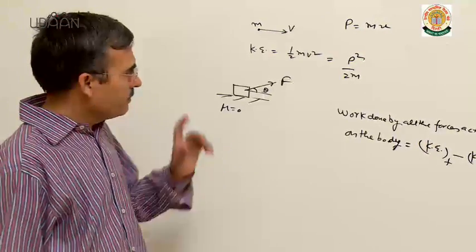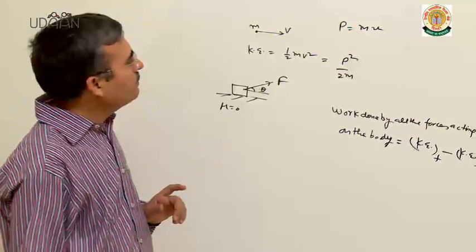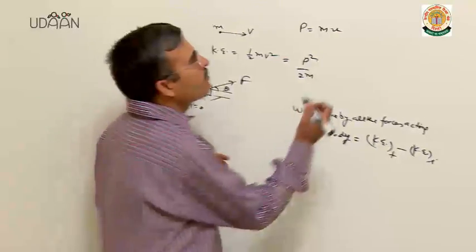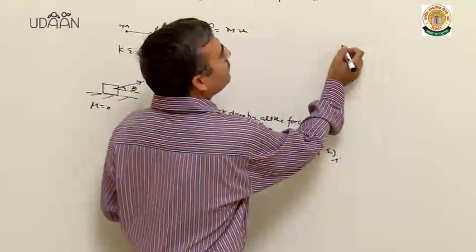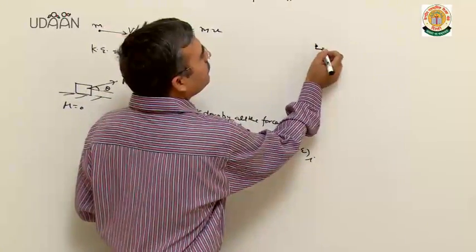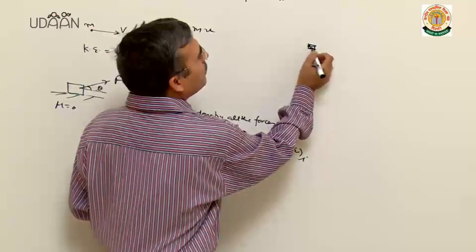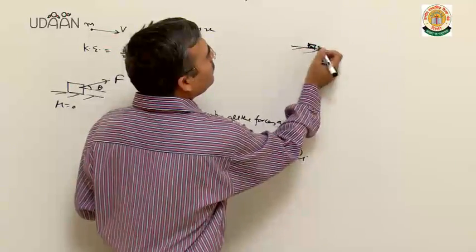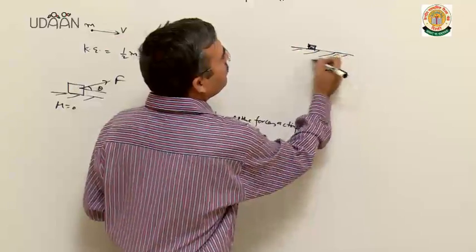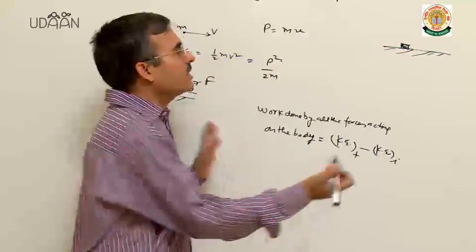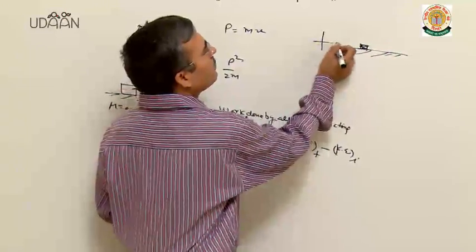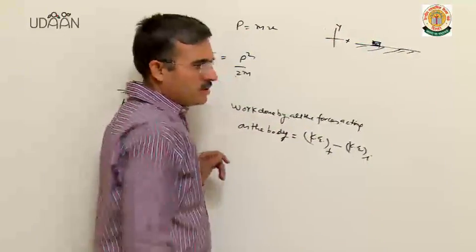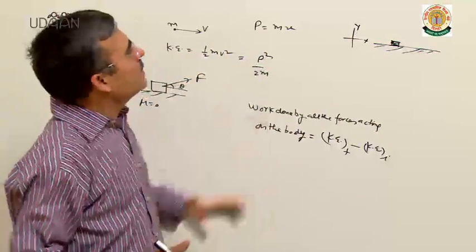Let us take one example. मान लीजिए a body is moving along the surface in x direction. Suppose करिए many forces are acting on it.